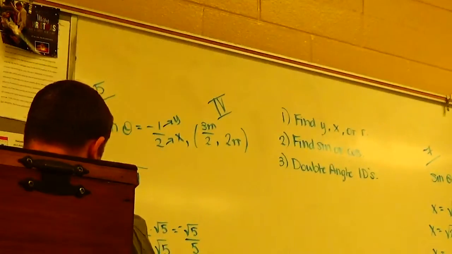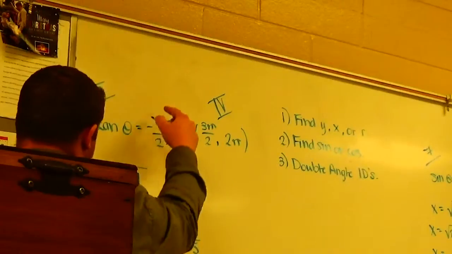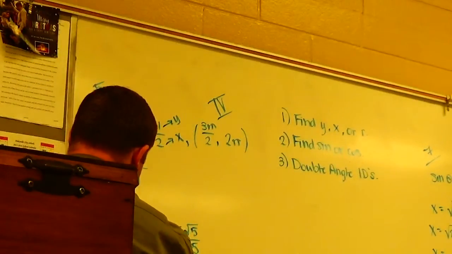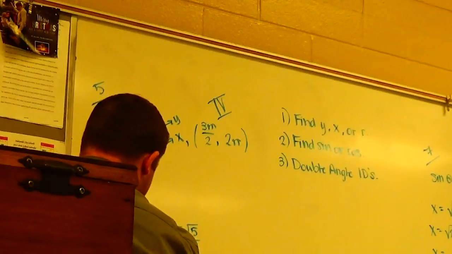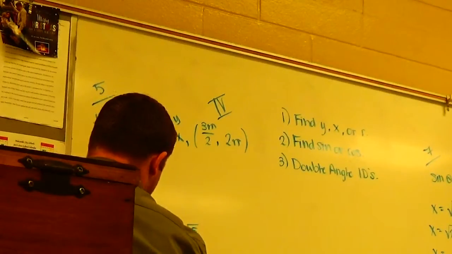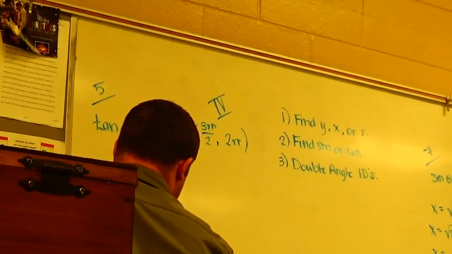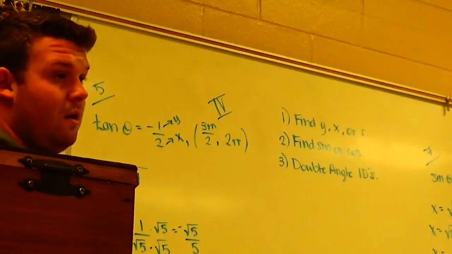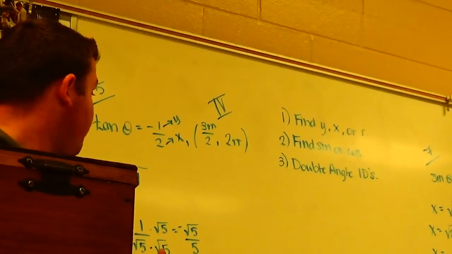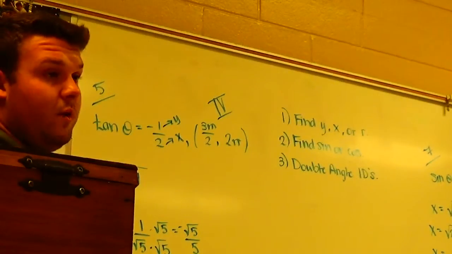The cosine of theta is 2 over the square root of 5. Still have to rationalize it because of the radical in the denominator. So we get 2 square root of 5 over 5. Now, what do we do from here?